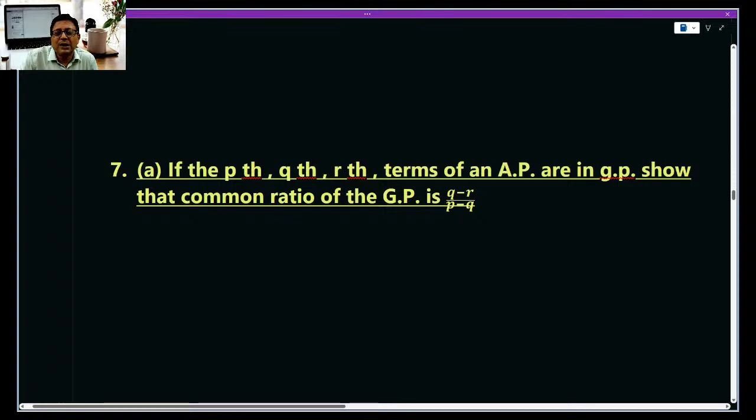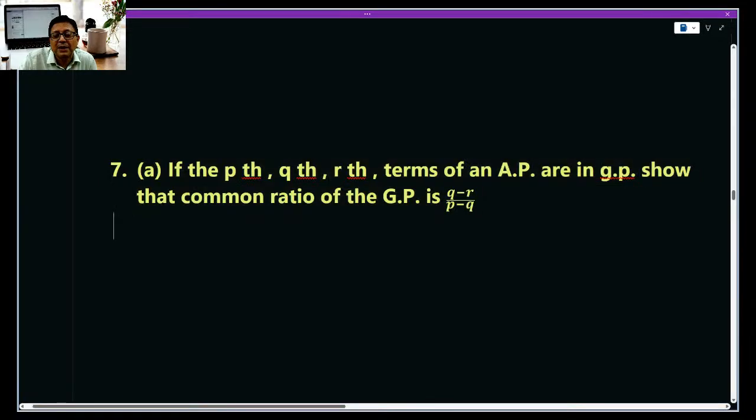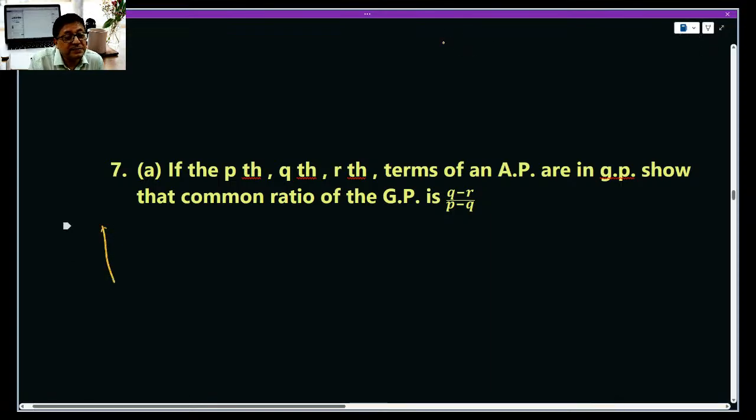Pth, qth, rth term of an AP are in GP. So that common ratio is this. All of you can see the sum. See how to answer it. Pth, qth and rth term of AP are in GP.